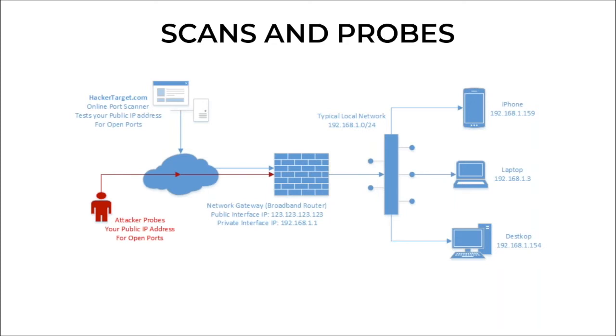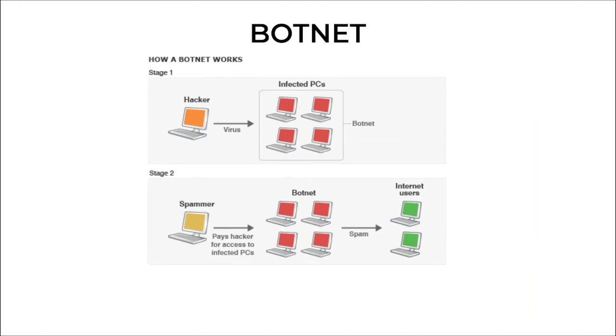And once an open port is identified, he enters your network and gets access to different servers or devices on your network, and by that accesses the main information of your enterprise. So this is one of the attack types.